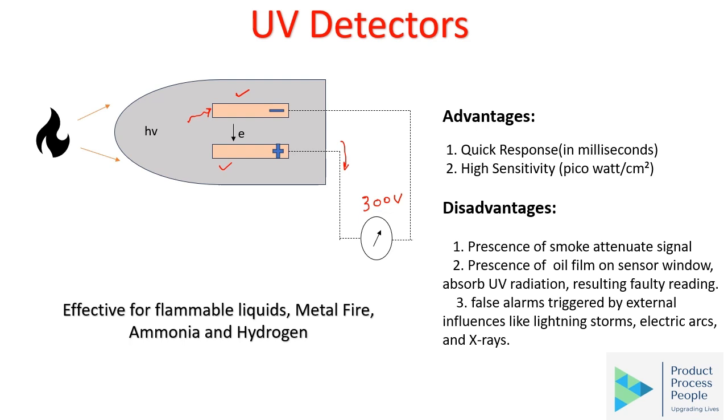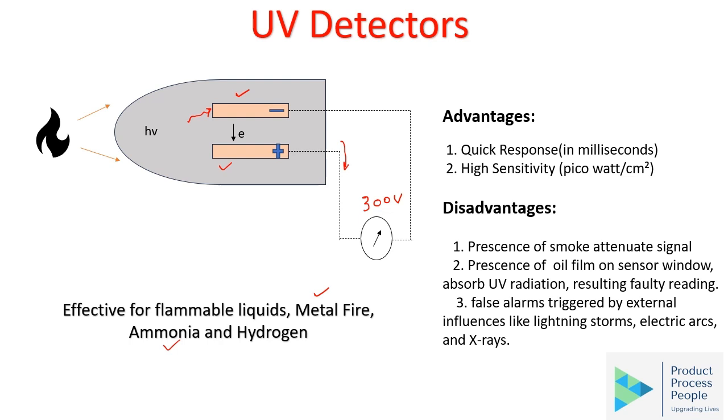UV detectors are normally used for detecting flammable liquid fires such as hydrocarbon fires, but they are also very effective for metal fire, ammonia, or hydrogen fire. They offer rapid response, often in hundreds of milliseconds or less, and achieve high sensitivity levels.